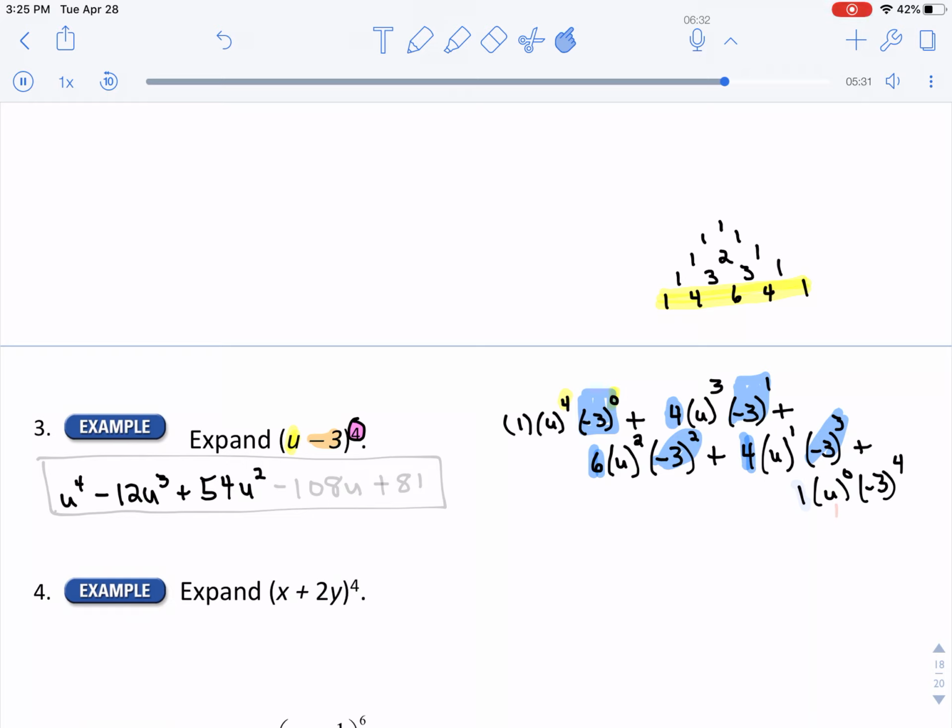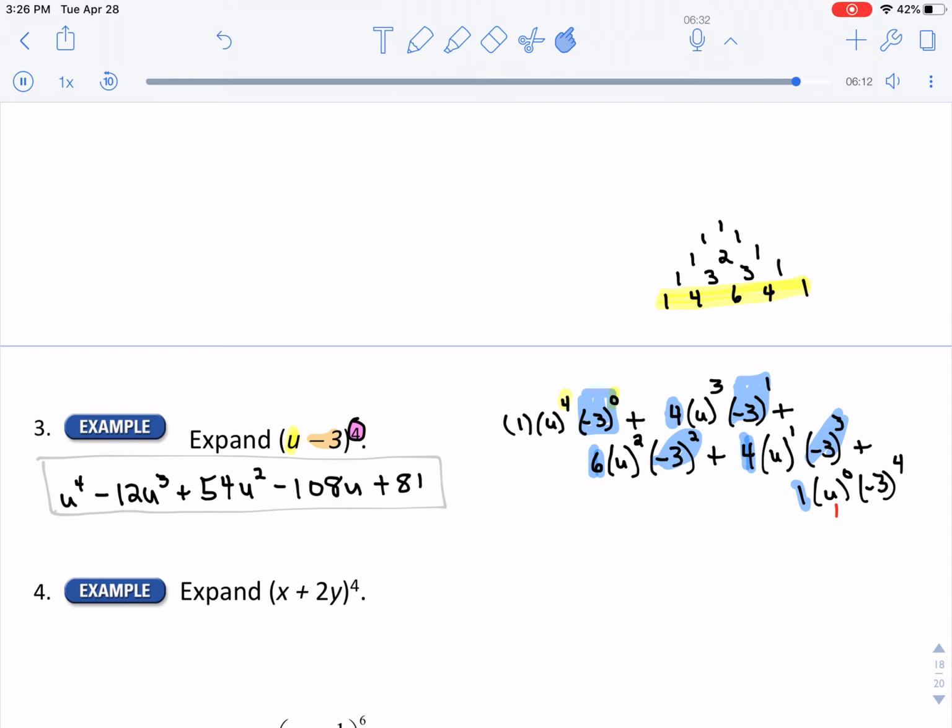So we get a negative 108u to the first power, which is just u. And our last term is 1 times u to the 0, which remember is just 1. Anything to the 0 power is 1. And then we get negative 3 to the fourth power, which is 81. So we've got plus 81. And so our last term is a plus 81, and that's the answer.